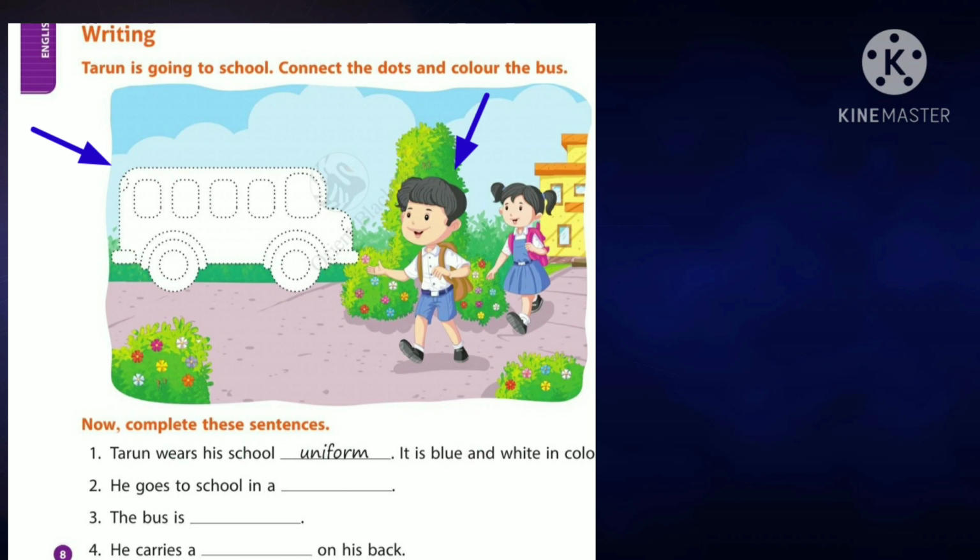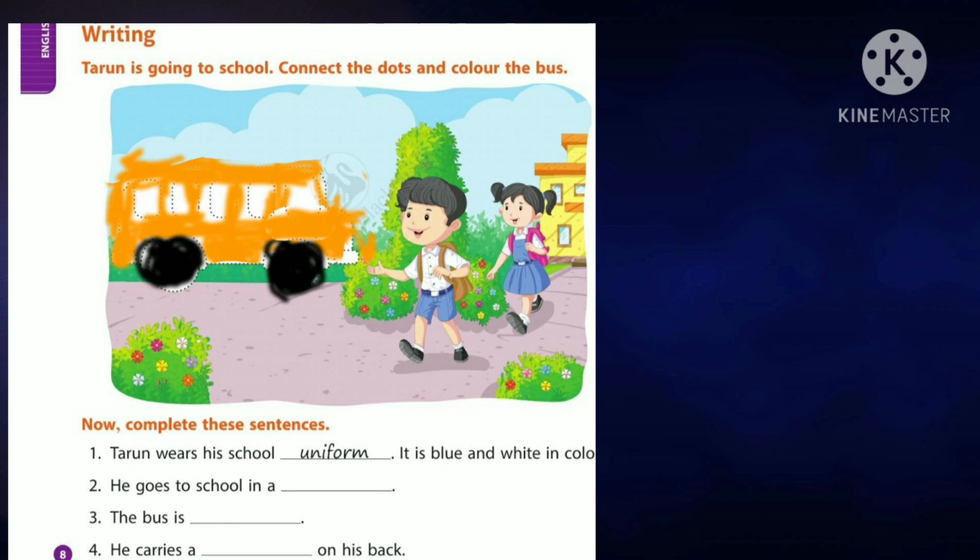He has a bag on his back. And we have already studied that his bag is new. And he is going to school by a bus. A school bus. So what is the color of the school bus? Yellow. So color the bus yellow.